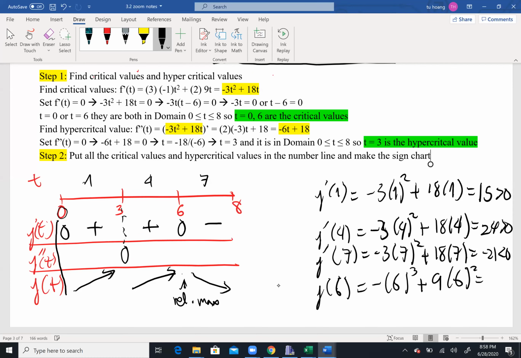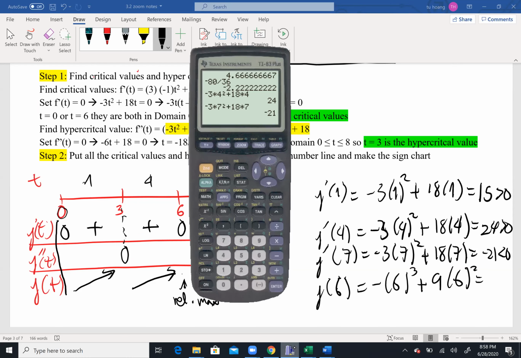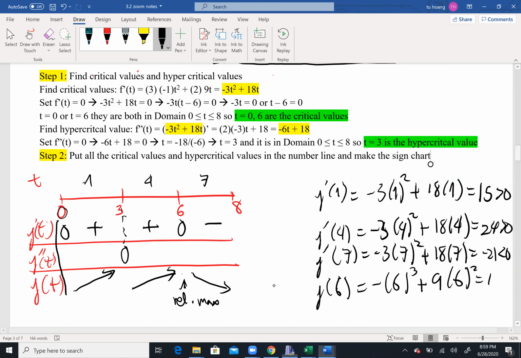I need to use the calculator: negative 6 to the power 3 plus 9 times 6 squared. That will give me 108. Okay, so here should be 108.